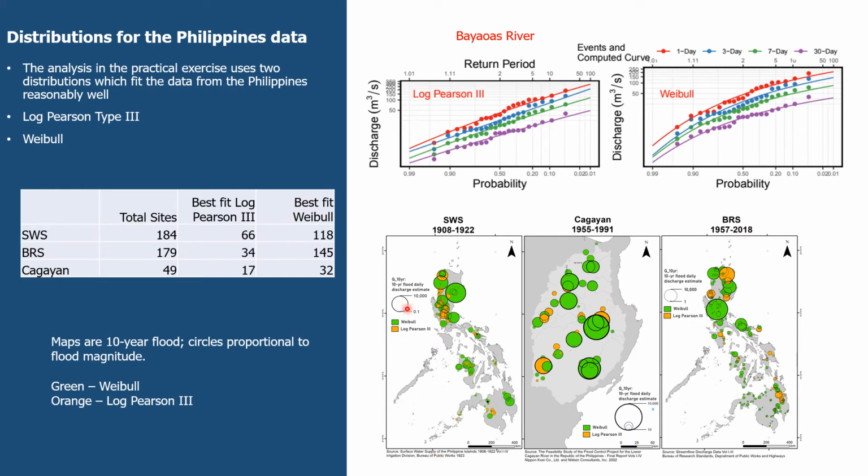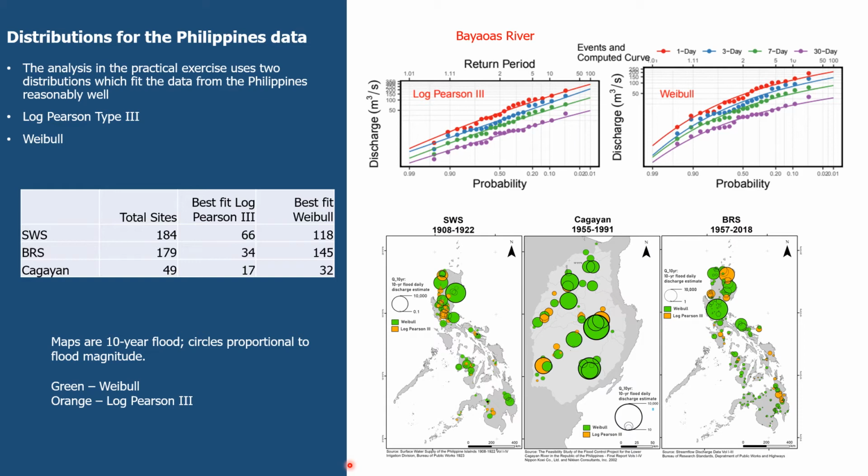And we've plotted here in different colours, the green for Weibull and the orange for log Pearson type 3, which distribution fits the data better, and the circles are scaled by the size of the 10-year estimated flood.